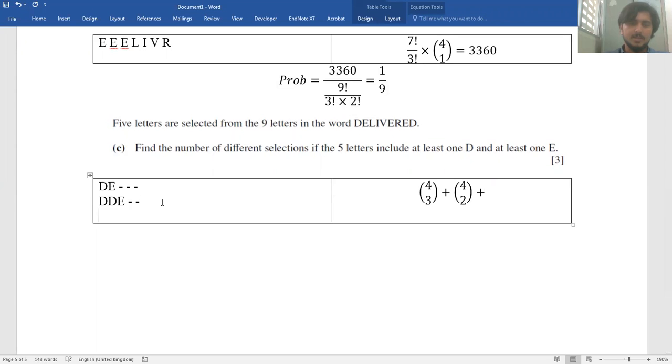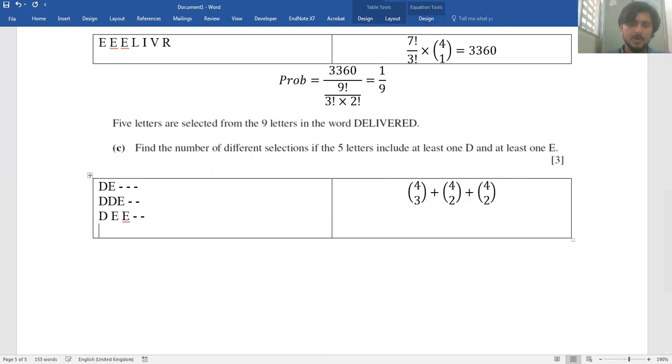Now we are done with these, and then I'll say 1D and 2E, and then again 4C2. Then I'll say 1D and 3E's, so this will give me 4C1.